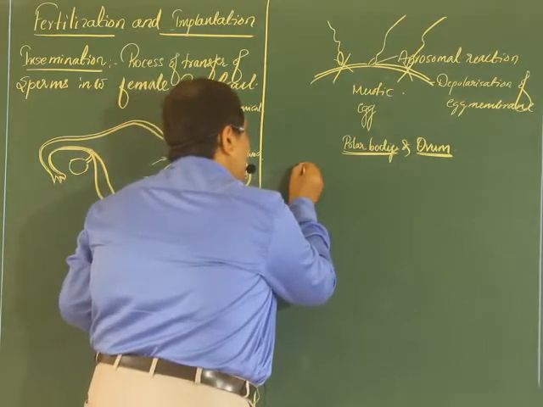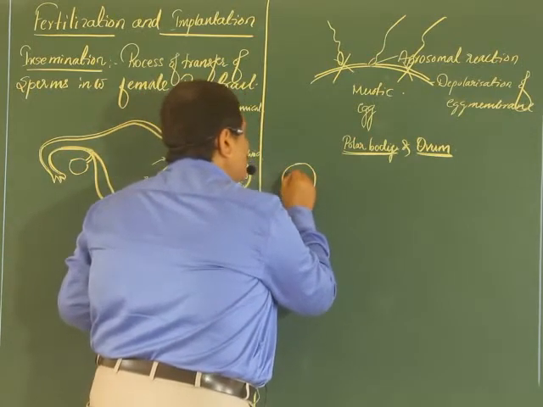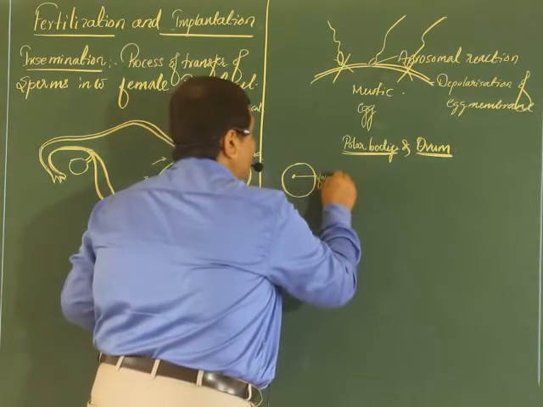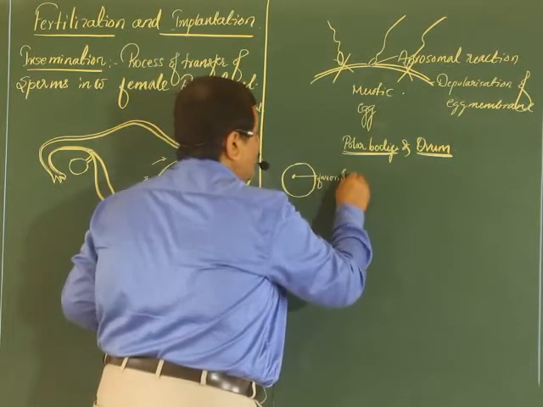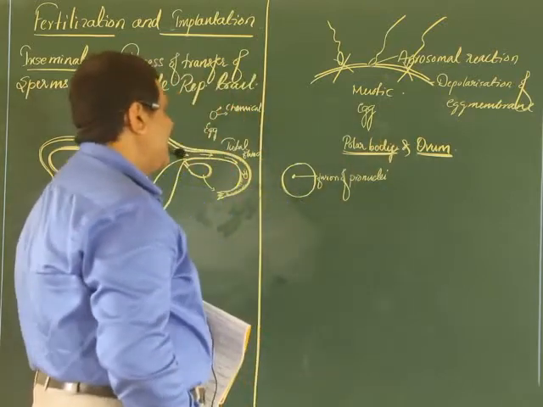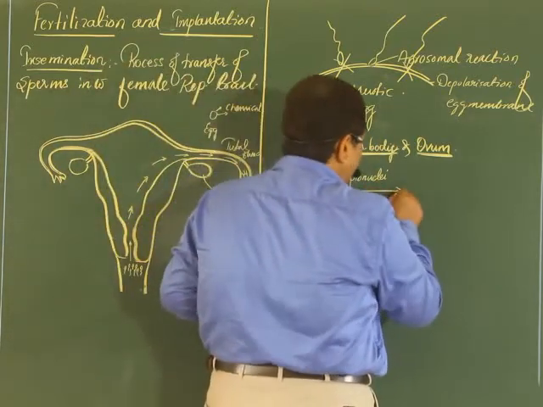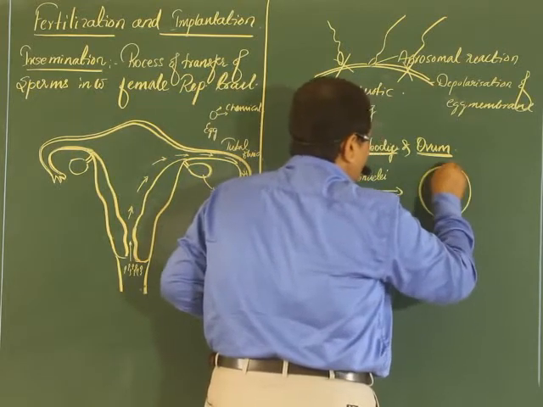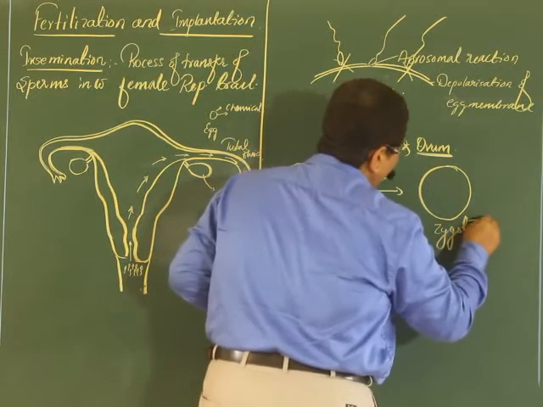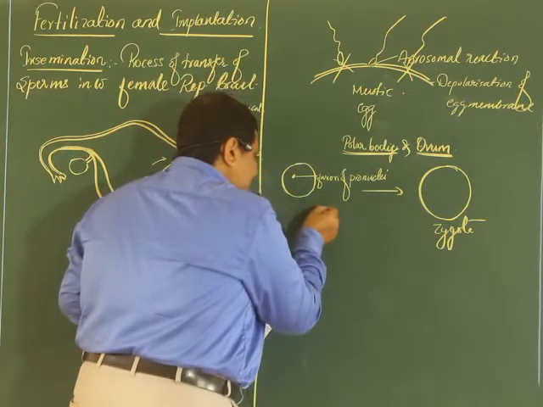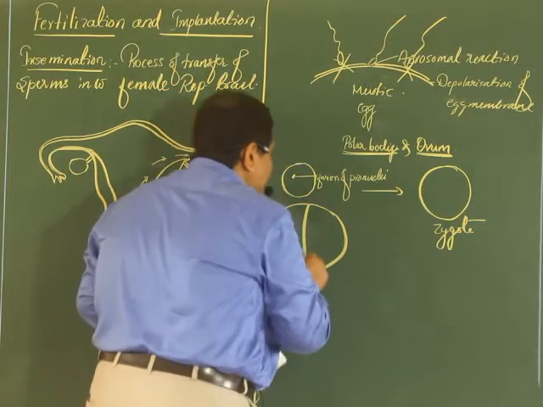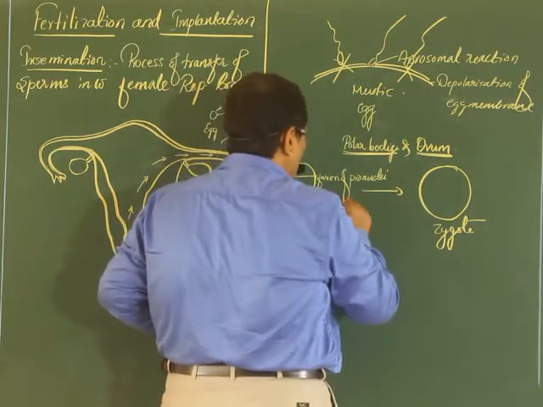When the sperm nucleus enters the egg nucleus, fusion of pronuclei takes place, and this leads to the formation of the zygote. After the formation of the zygote, it will divide into two halves, and these two halves are called blastomeres.